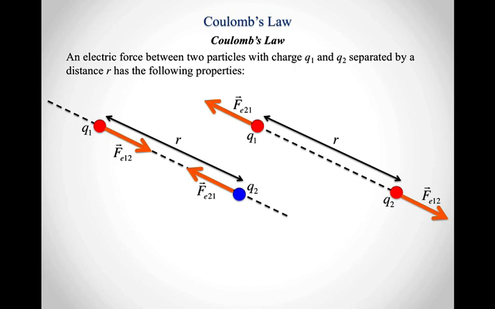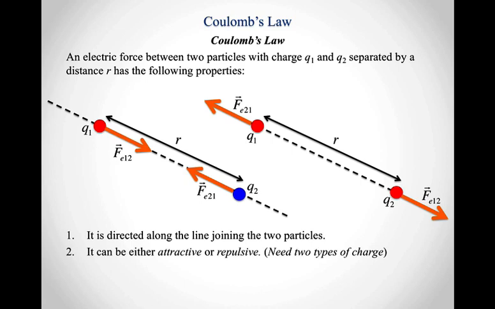Coulomb's law describes the interaction between charges. And so what Coulomb's law tells us is that an electric force between two particles with charge Q1 and Q2 separated by a distance r has the following properties. One, it's directed along the line joining the two particles. Two, it can be either attractive or repulsive.